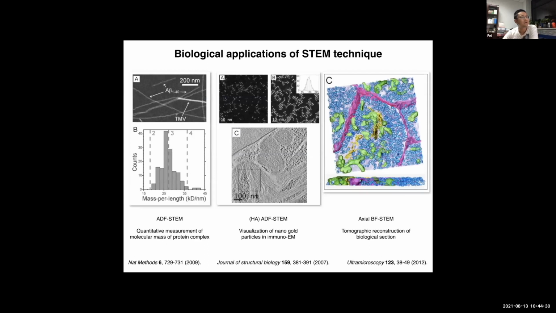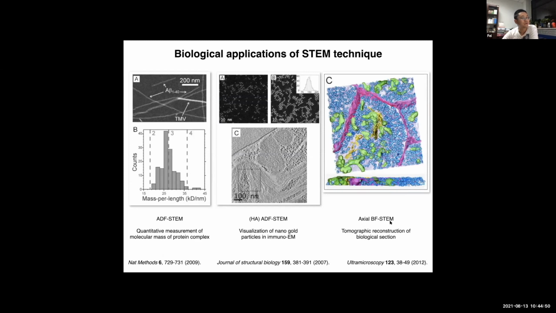And scanning transmission electron microscopy has actually been applied to biological study, including molecular mass measurement and visualizing nanogold particles in immuno-EM.